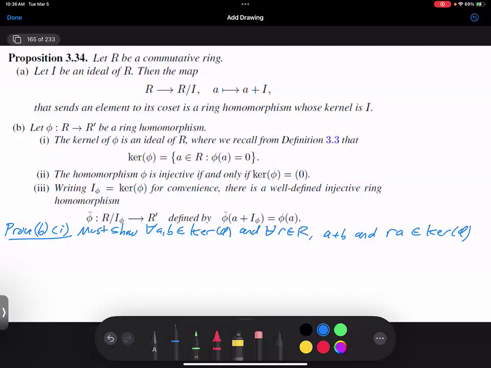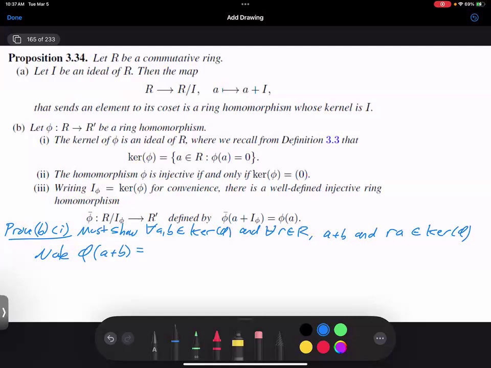It's got to be closed under addition. So if I take two arbitrary elements, then their sum is in the set. And it must be closed when I multiply by anything in R. So the first is, what would phi of A plus B be? What would that equal?